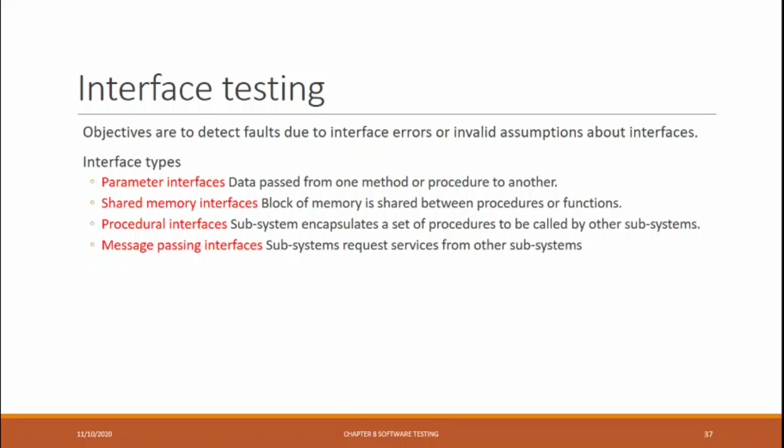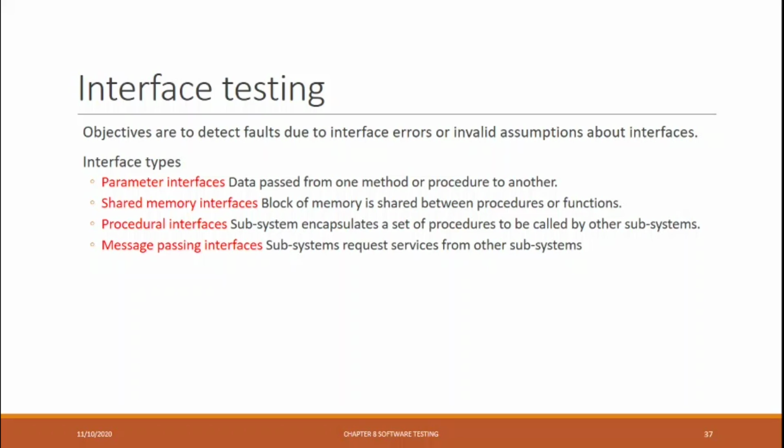Procedural interfaces are interfaces in which one component encapsulates a set of procedures that can be called by the other components. So a procedural subsystem encapsulates a set of procedures to be called by the other subsystem.